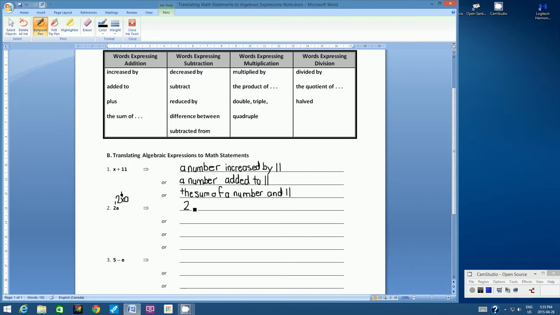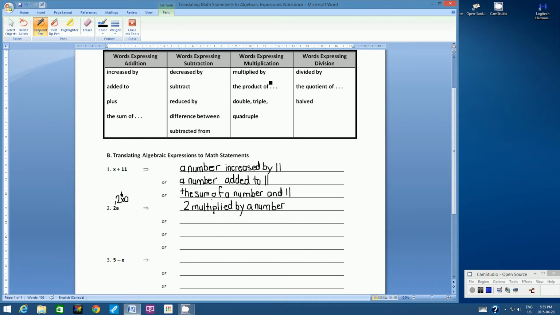So how about 2 multiplied by a number? 2 times a means 2 multiplied by a number.